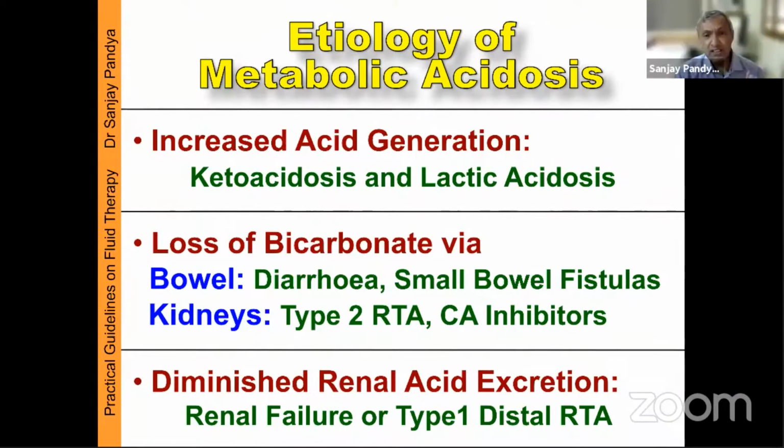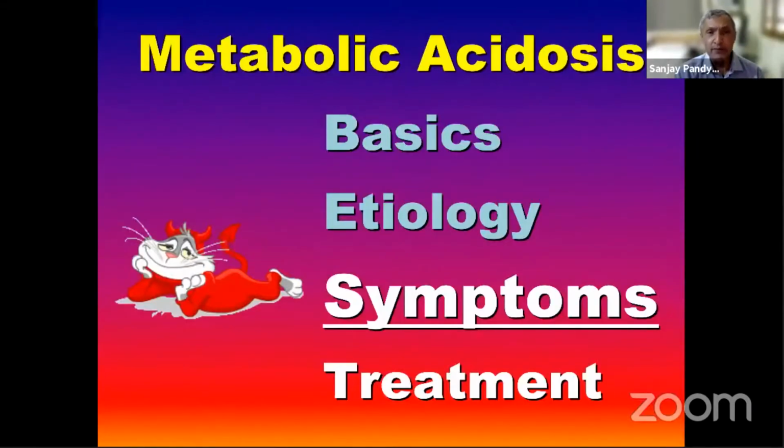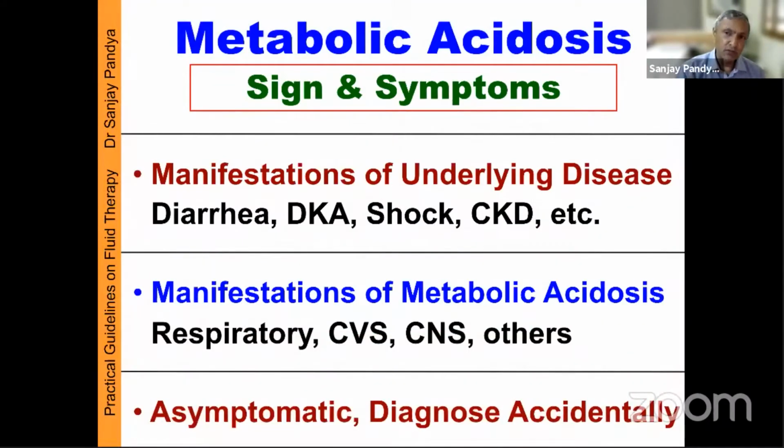Now, what are the symptoms of metabolic acidosis? The symptoms of patients vary. First, it may be a manifestation of the underlying disease, like a patient with diarrhea, shock, or CKD. There will be symptoms of the associated problem.